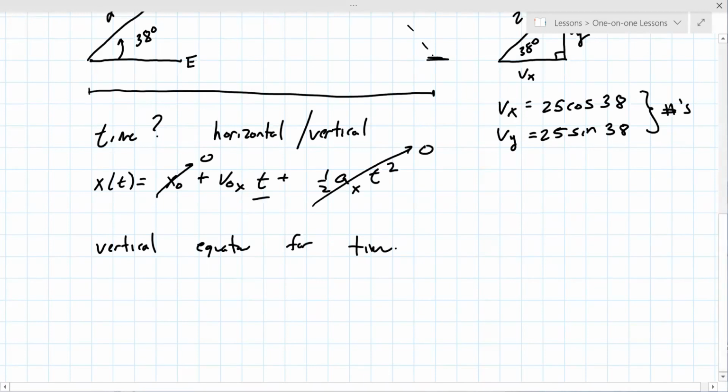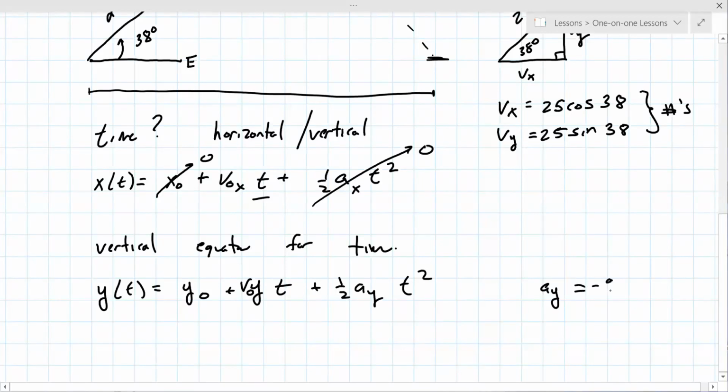So that means y as a function of t equals y0 plus the initial velocity in the y direction times time plus 1/2 acceleration in the y direction times time squared. We know that acceleration in the y direction is minus 9.8. It starts at 0, at ground level.